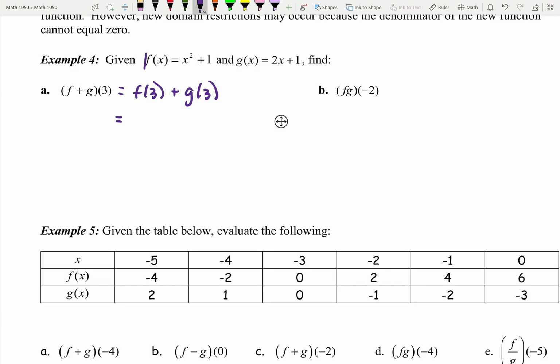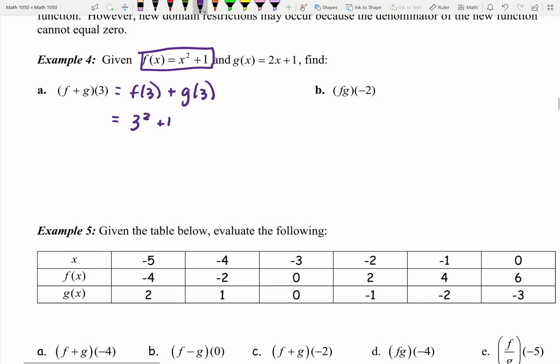So here's your f of x right here, and you're going to put in a 3. So my advice is, even though that 3 doesn't have to be in parentheses, you could go 3 squared plus 1. If you don't really know when you have to put the parentheses and when you don't, guys, just put them, because we're just going to stick it in our calculator anyway, and so it doesn't matter, okay?